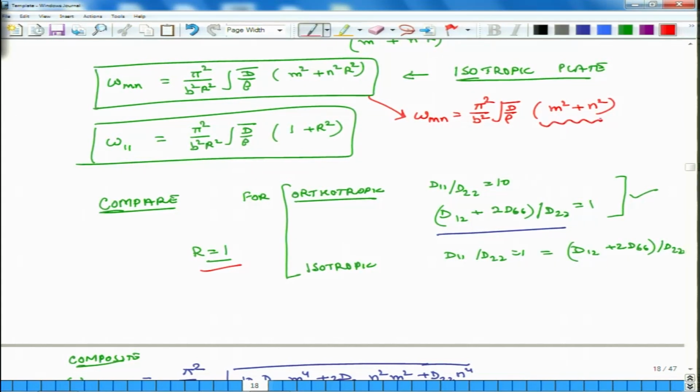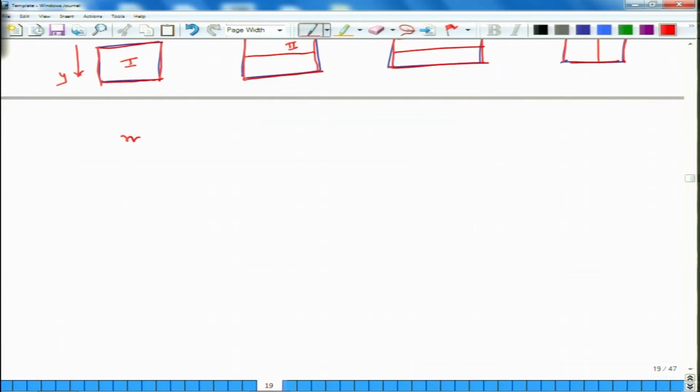So, if we plot this m square plus n square, if we create a table, so m, n, f m n, and let us look at the first 4 modes. So, this is 1 1 2, 1 2 5, 2 1 5 and 2 2 8.